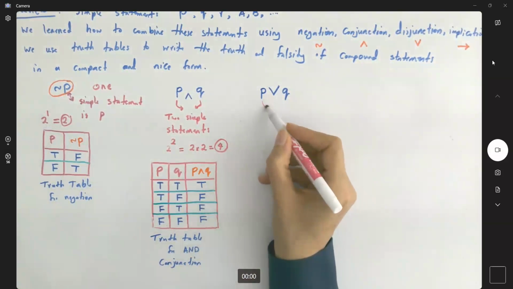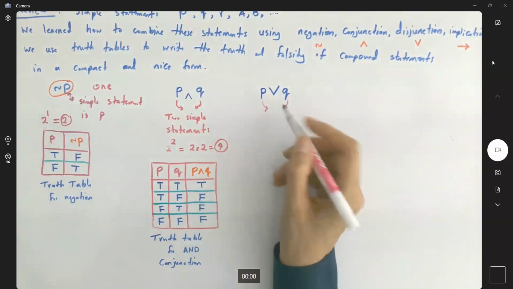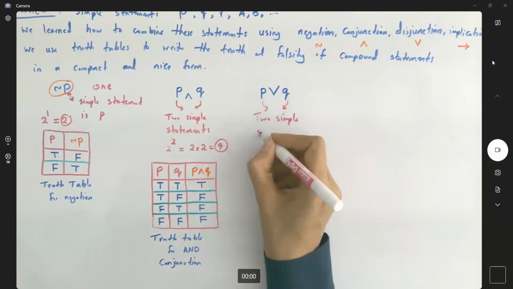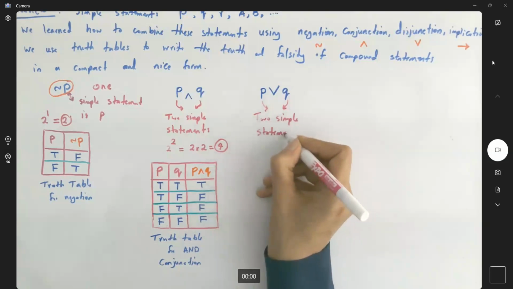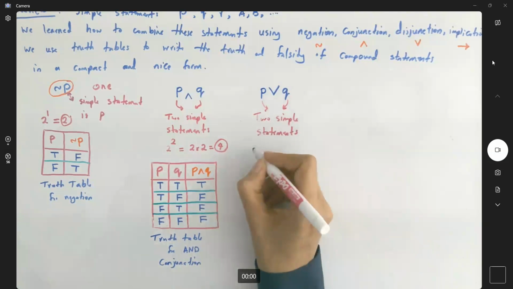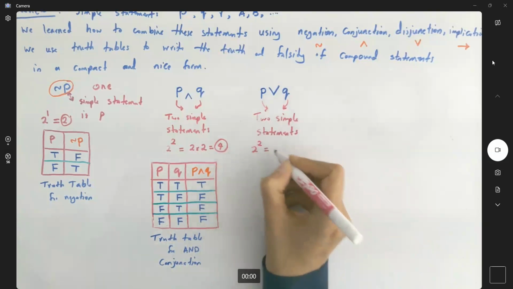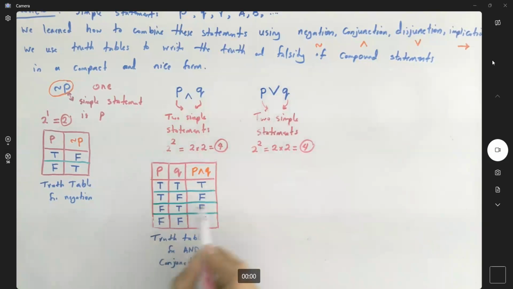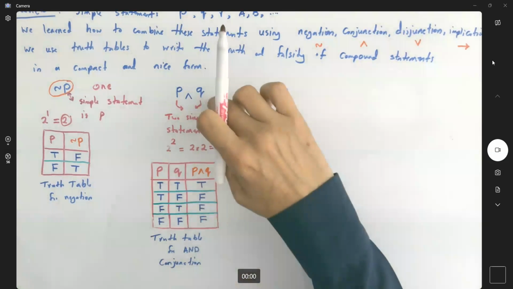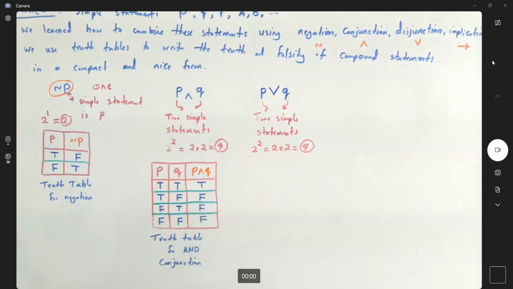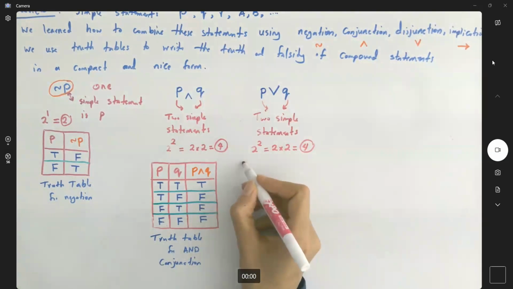We have P, Q. We have 2 simple statements. So what's the meaning of that? How many combinations do we get? We get 2 to the second power, or 2 times 2, or 4 combinations, 4 rows, the same as what we did for P and Q. We get 4 combinations. Okay, let us begin.